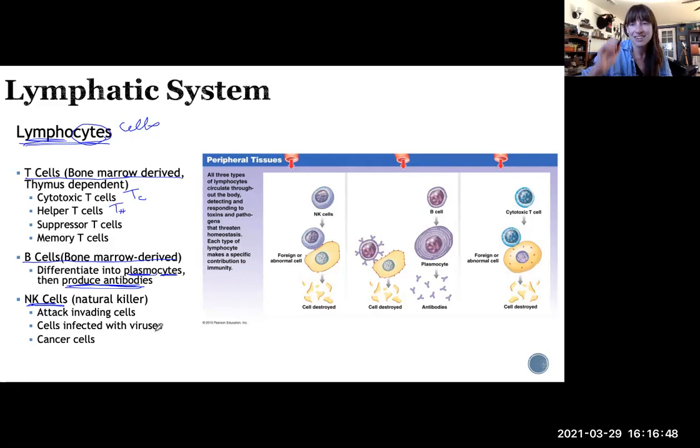They also can attack your cells, human cells, self cells, which are infected with a virus. So they basically receive a signal from those cells that something's wrong, they've been invaded, and then they will mercy kill them. They also will mercy kill cancer cells, which are, as we know, self cells that have just kind of gone haywire.